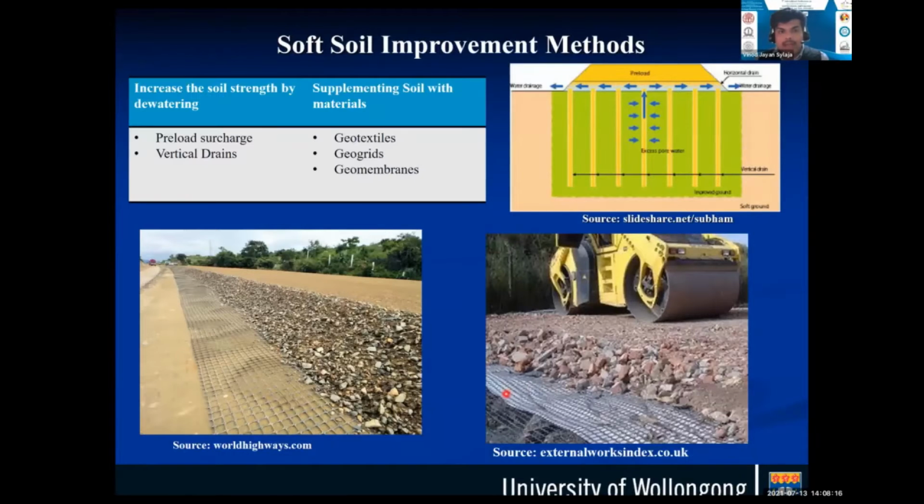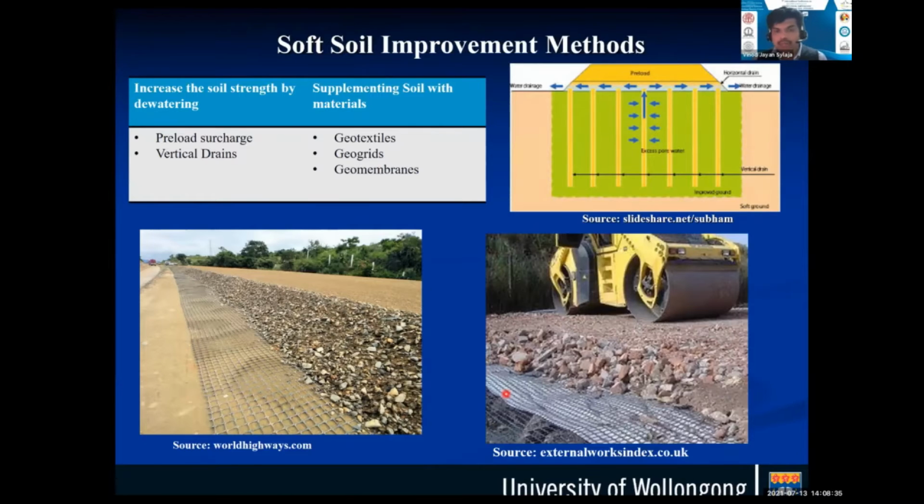So as a practicing engineer, if you face problems on soft soils, soft subgrade soils, what we generally go with is looking at improving the soil strength by dewatering. And if you look at dewatering, we have a lot of technologies developed.